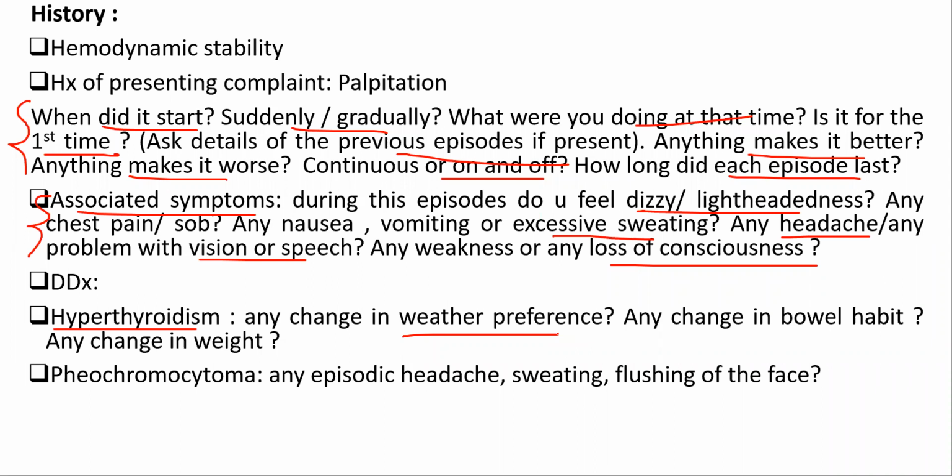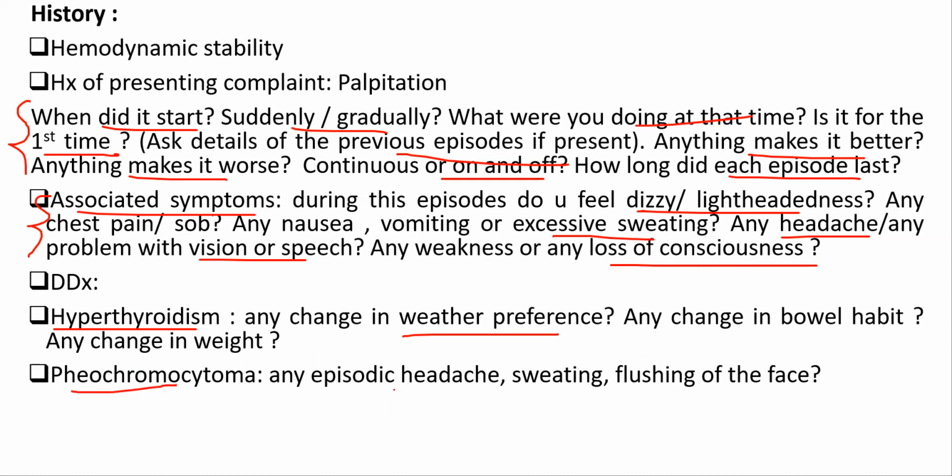So what happens with bowel habit in hyperthyroidism? They can get diarrhea. What happens with weight? Patients with hyperthyroidism say that I have good appetite or sometimes even increased appetite, but still I lose body weight. So that's a classic picture for hyperthyroidism.